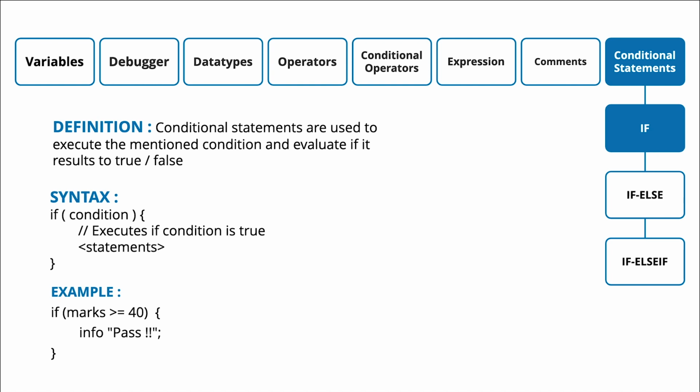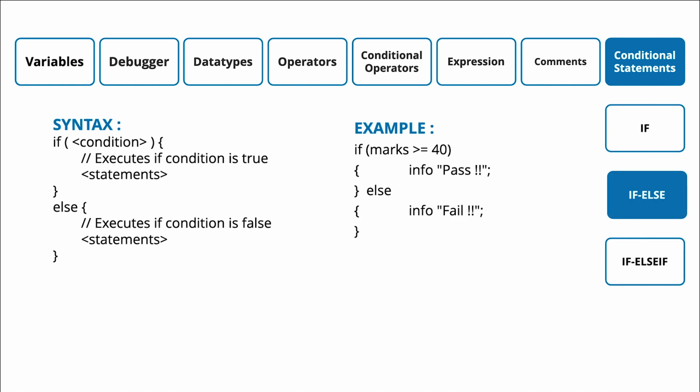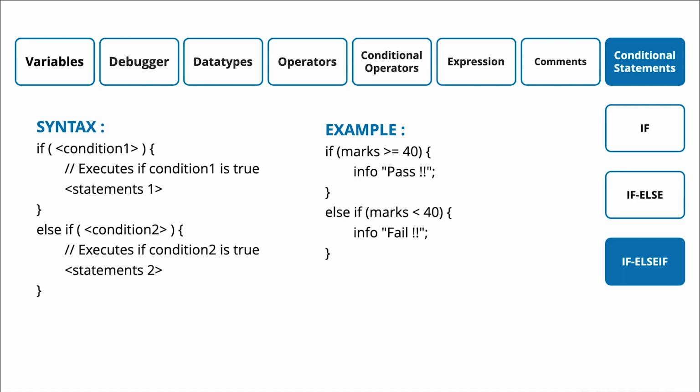Okay, now else if, in this case, if the condition executes, then execute this set of code, else execute this set of code, right? Now in this case, if the marks are greater than 40, then yes, he's passed the exam, else he's failed the exam, right?